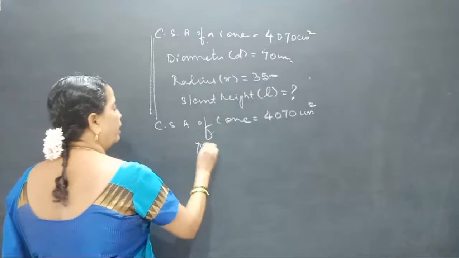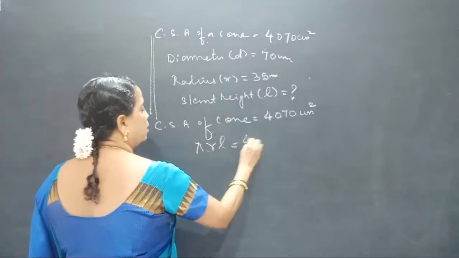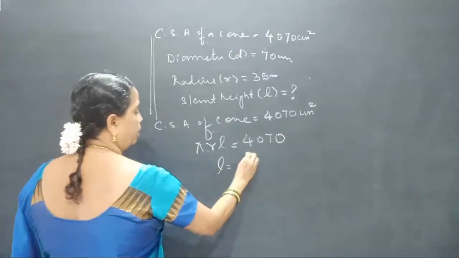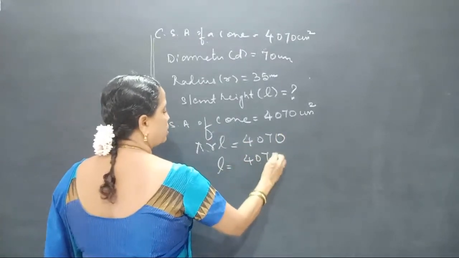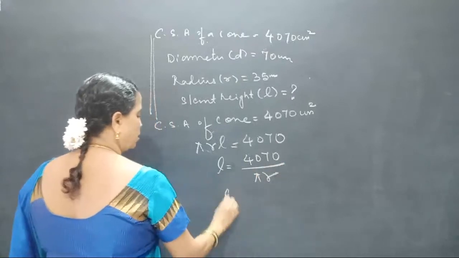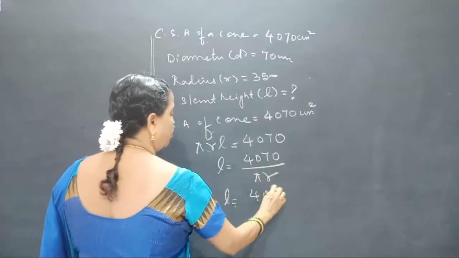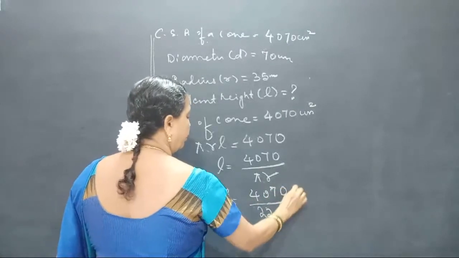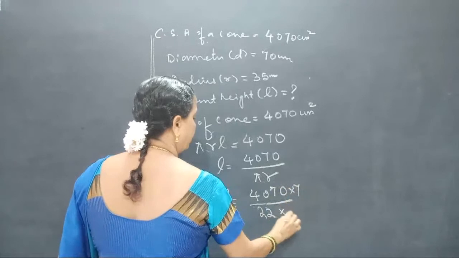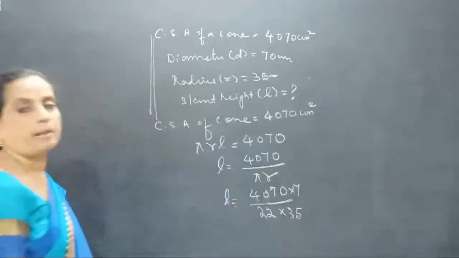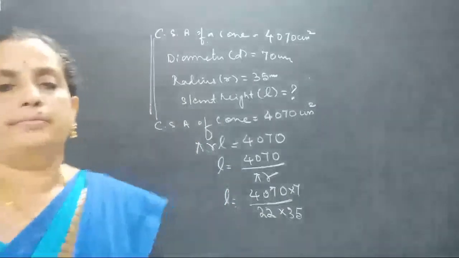Now here you write pi r L equals 4070, so L equals 4070 by pi into r. Substitute the value of pi as well as radius: 22 by 7, radius is 35. Come on, calculate.